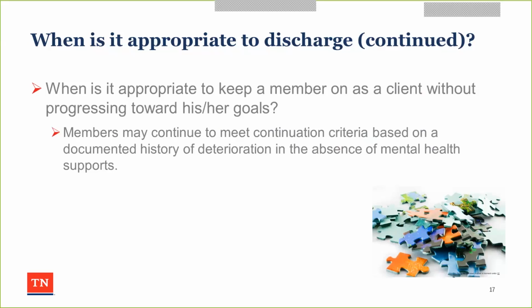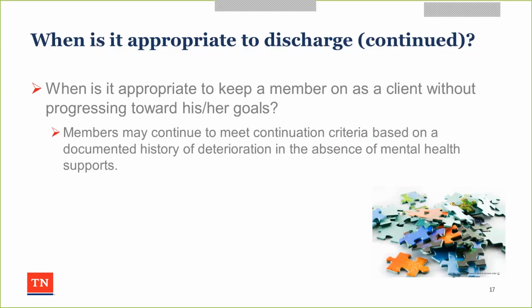But if that is not a feasible option, and for some of our members it may not be, documenting those attempts, documenting the evidence to support that claim, and making sure it is very clear whenever anyone looks at the record that the member needs that level of support, whether it's history of, again, relapse or deterioration back into the hospital, things of that nature.